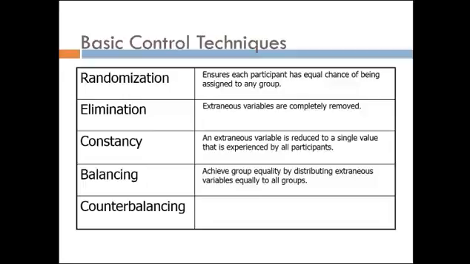Or, let's be honest, when we are recruiting students as our subjects, we get an overemphasis on female respondents. So you just make sure that half of the males are in one group and half of the males are in the other group, and then the remainder of each group is made up by the females. Just make sure that if sex might possibly be an extraneous variable, distribute it across the groups. That's what we call balancing.